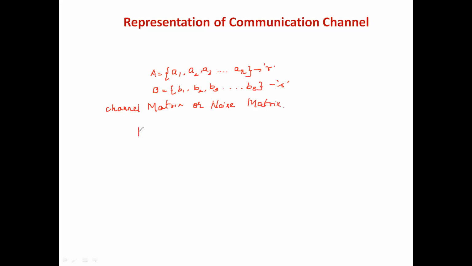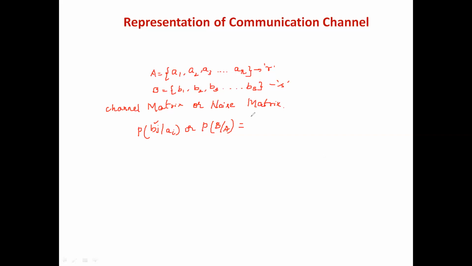It is given by probability of Bj given Ai, or you can call it probability of B given A. That is the probability of receiving the output symbol, which might be B1, B2, B3 or BS, whenever you are transmitting the input symbol.